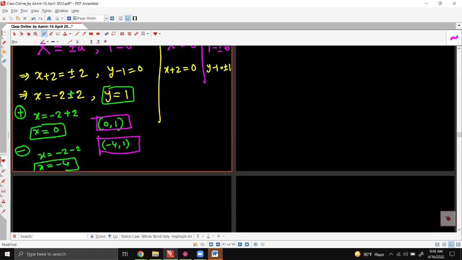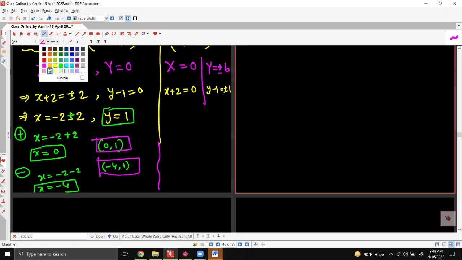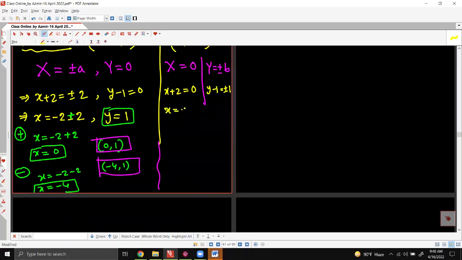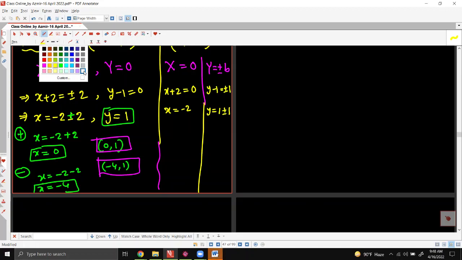First vertex, second vertex. Similarly here, x equals minus 2 and y equals 1 plus minus 1. So if we work with plus, then y equals 1 plus 1. That means we are getting y equals 2.